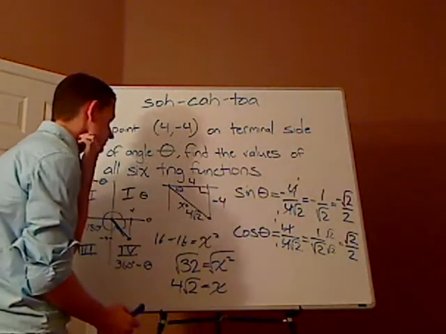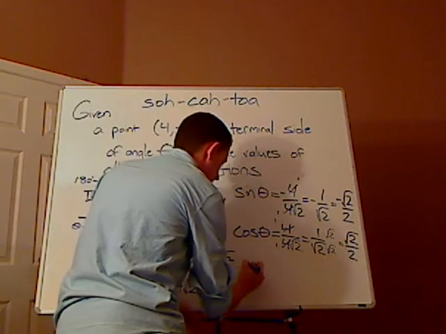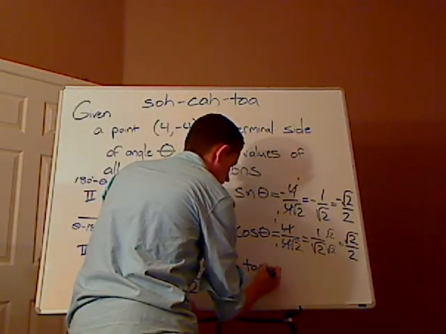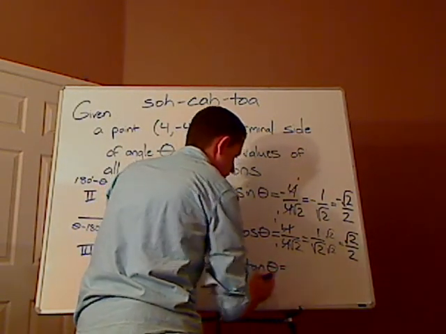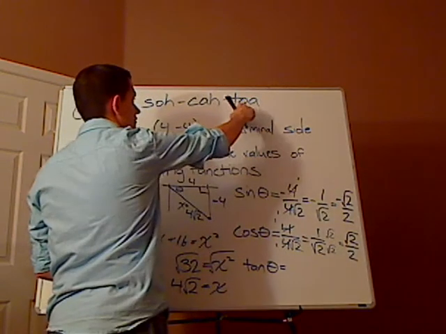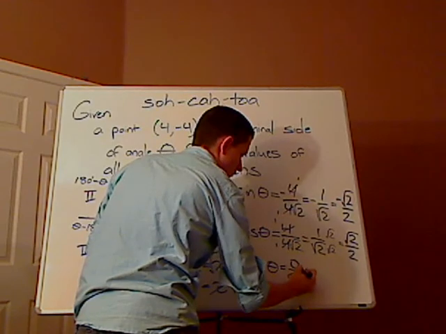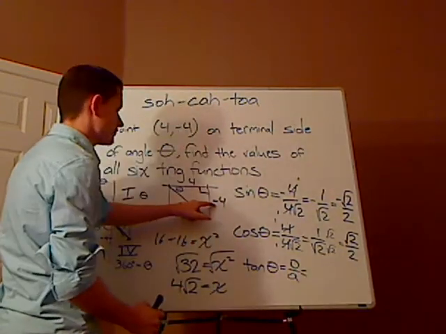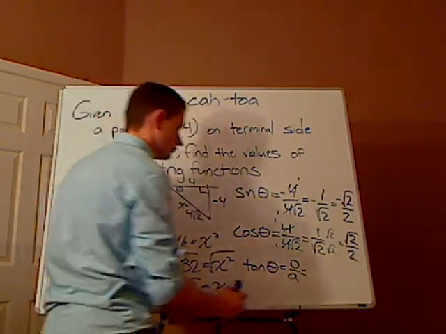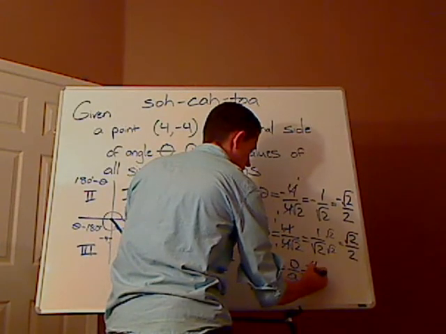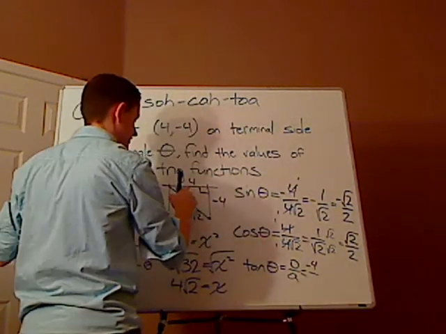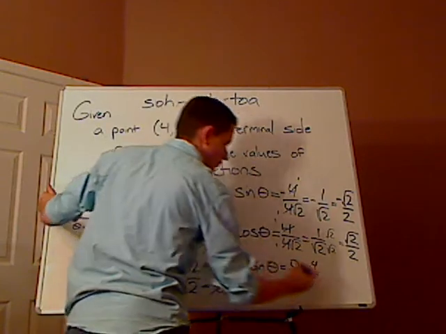Now you have your tangent. The tangent of theta is opposite over adjacent. Your opposite is negative 4, and your adjacent is 4.